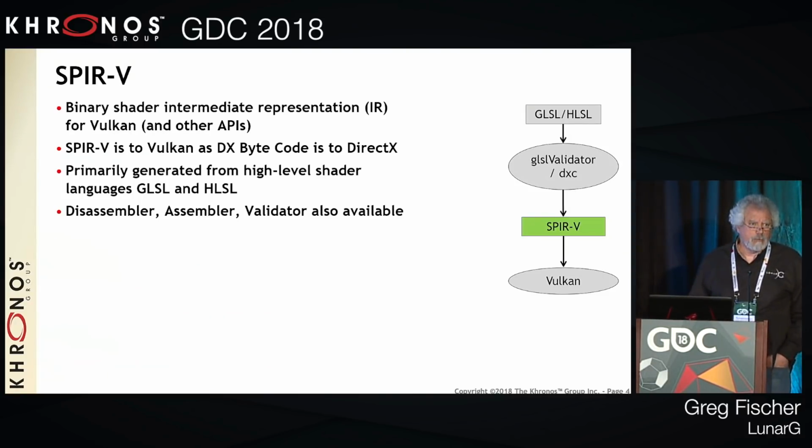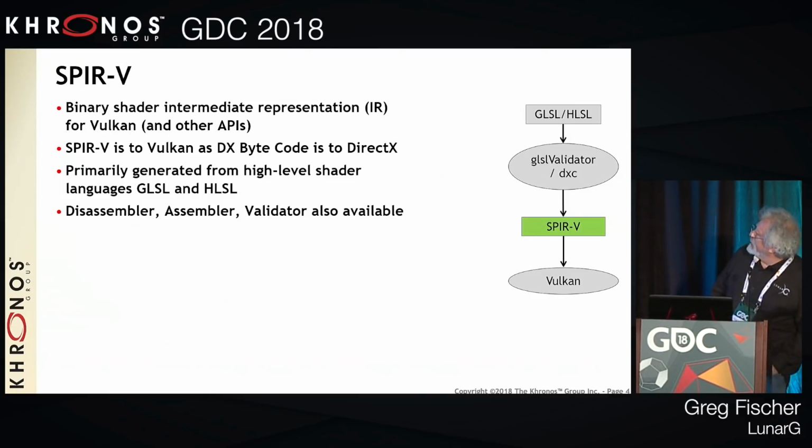SPIR-V is primarily generated from higher level language shaders such as GLSL or HLSL, using several different front ends.